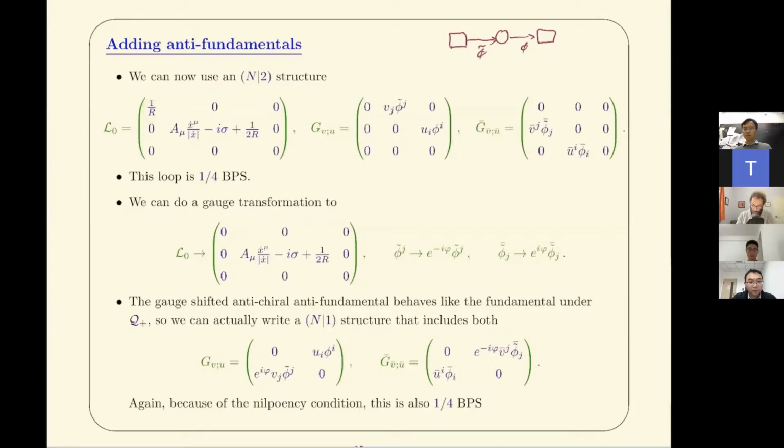So I wrote here explicitly what this gauge transformation is on these fields. It introduced an explicit phase along the circle, but now this field behaves, so I start with a field here, and then it transforms under everything in the same way as this one.